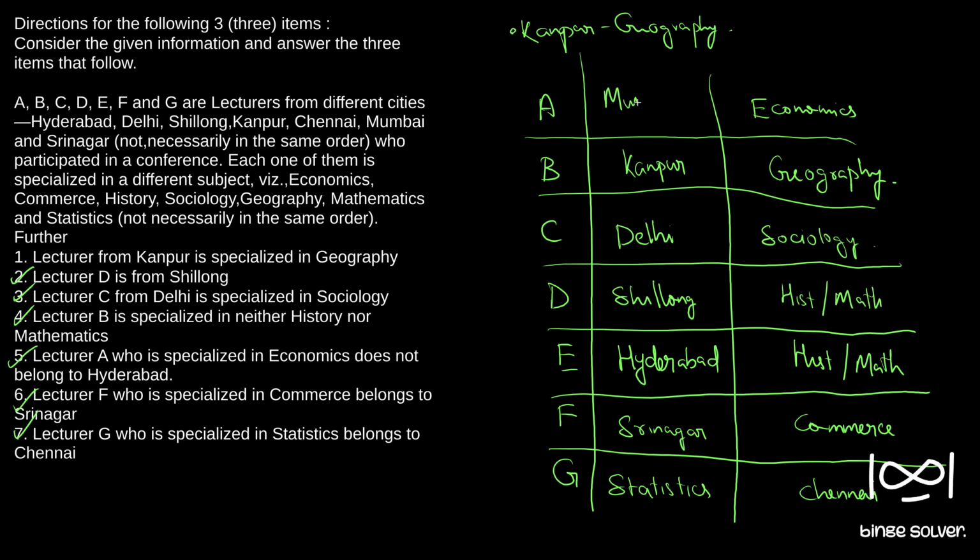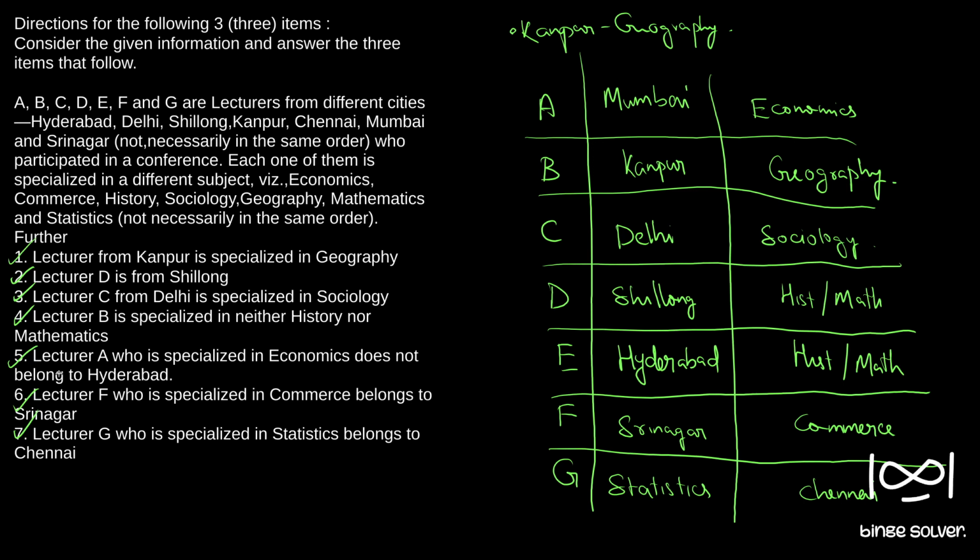So this is Mumbai. So we got all the information. Only this is the uncertainty: we don't have any information to say with certainty whether D is taking history or mathematics. So that we don't know. All other information is filled using the given 7 points.